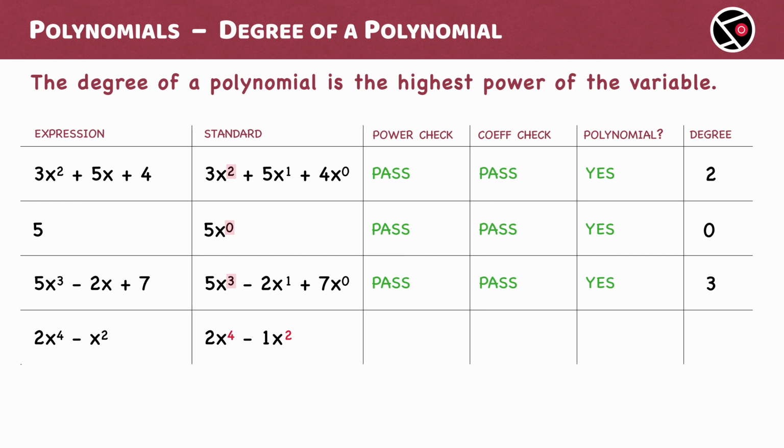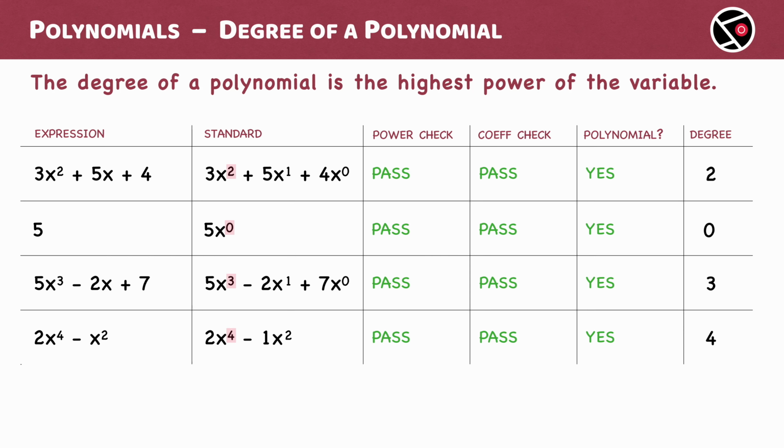So rule 1 is satisfied. The coefficients are 2 and minus 1, both real numbers. So rule 2 is also satisfied. So this expression is a polynomial. Here, the highest power of x is 4. So this is a polynomial of degree 4.